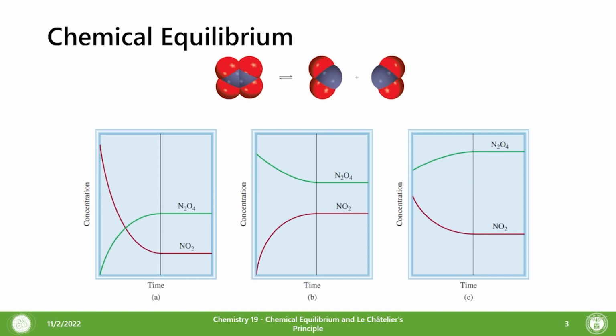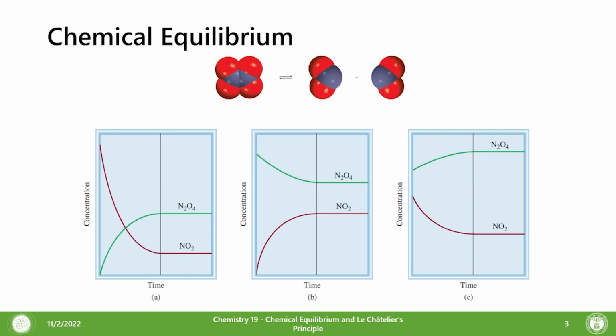For example, we have N2O4, or dinitrogen tetroxide, converted into nitrogen dioxide. Now, this is an equilibrium reaction where 2 moles of nitrogen dioxide react to form dinitrogen tetroxide.